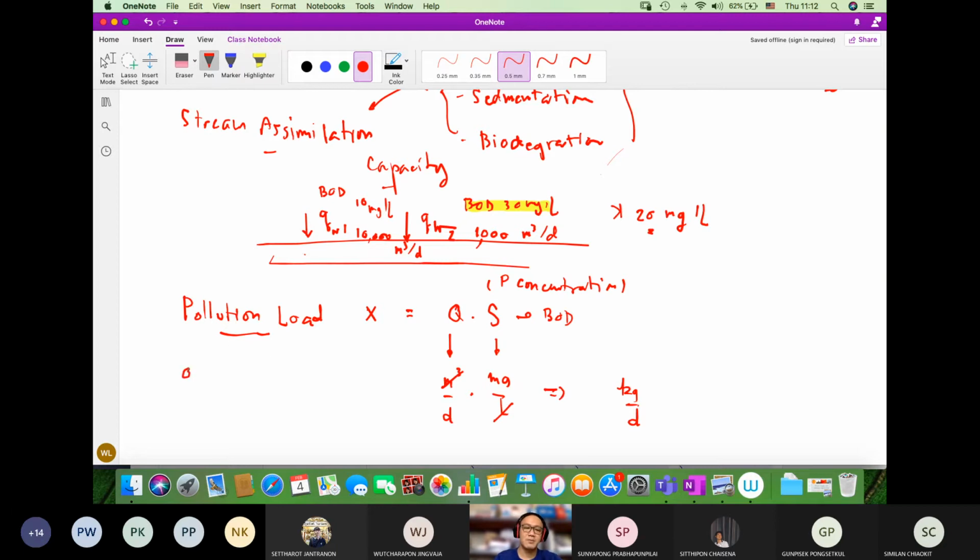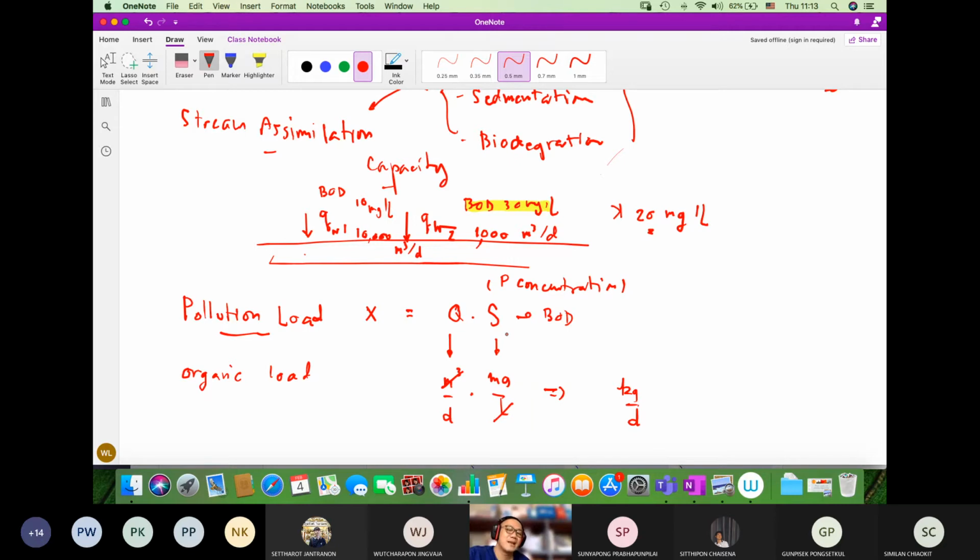Sometimes people may call it the organic load, depending on the pollutant. If S is the suspended solids, we may call it the suspended solids load. It depends on the type of pollutant that we are interested in, but anyway, they are pollution loads.